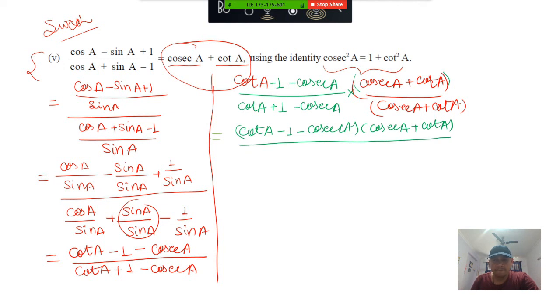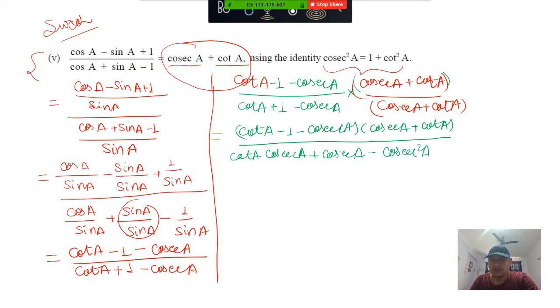Divided by this, let's multiply this one by cot A. If I change the colors repeatedly, it will take very much time, so I won't change the color repeatedly. Cosec A times cot A plus cosec A minus cosec square.